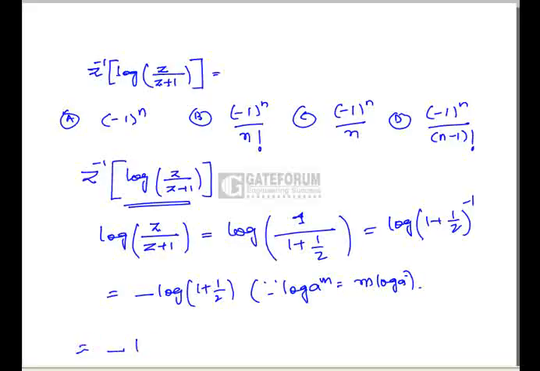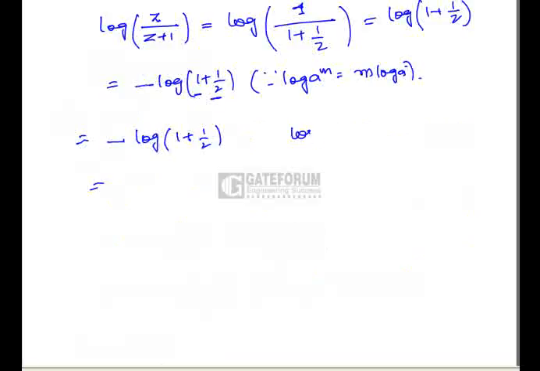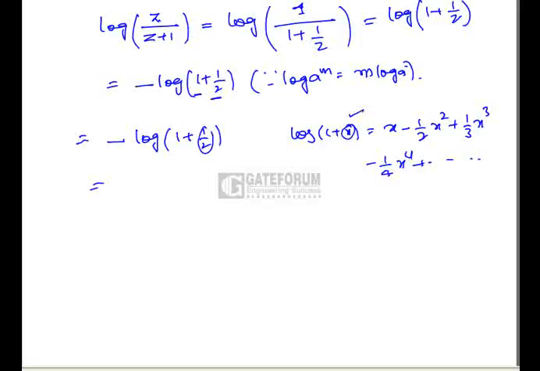It is minus of logarithm of 1 plus 1 by z, which is in the form of 1 plus x. We know logarithm of 1 plus x is x minus x square by 2 plus x cube by 3 minus x power 4 by 4 and so on. In place of x we substitute 1 by z.